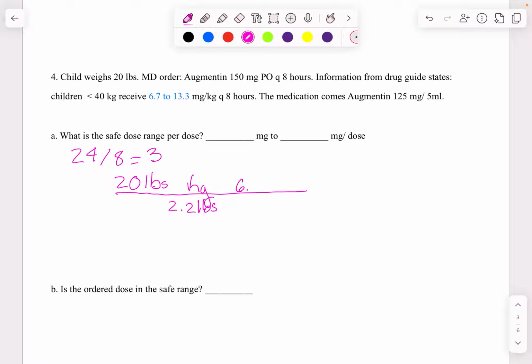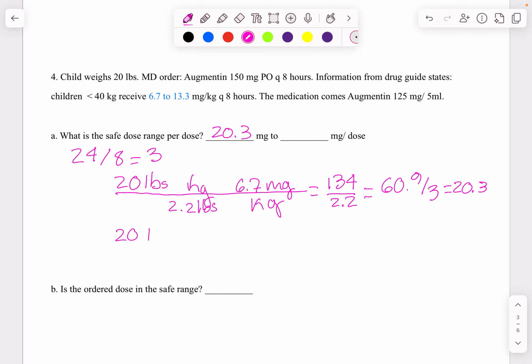Then the low end, 6.5 milligrams per kilogram. And that'll give us 134 divided by 2.2 equals 60.9. And we'll divide that by 3 doses to give us 20.3 for our low end.